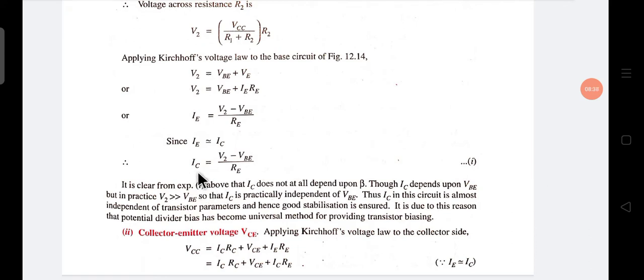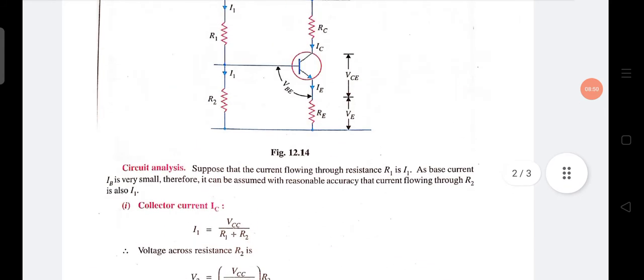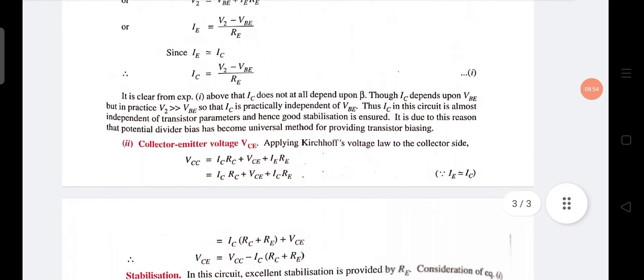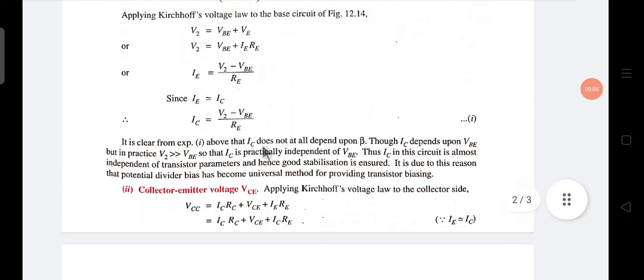Now find the expression for the collector emitter voltage VCE. Applying KVL in the circuit, we get VCC equals ICRC plus VCE plus IERE.